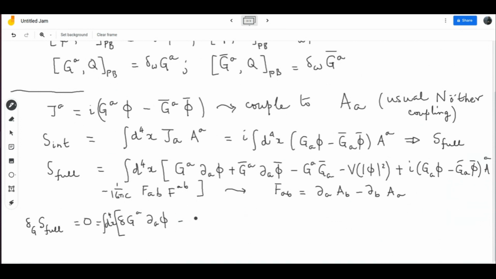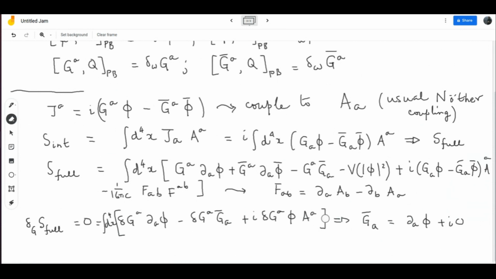Here I get delta GA G bar A. But I do get some terms from here, in fact plus i delta GA phi AA. That's the equation of motion. So what does that give us? It gives an equation for G bar A. The delta GA goes out as a common factor. So G bar A is equal to del A phi plus i phi.